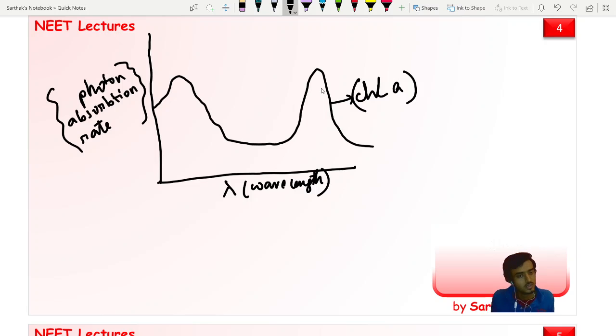You have understood already that the y-axis is the photon absorption and the x-axis is the wavelength, represented by lambda. This is the graph of chlorophyll A, and the graph of chlorophyll B is just like this.